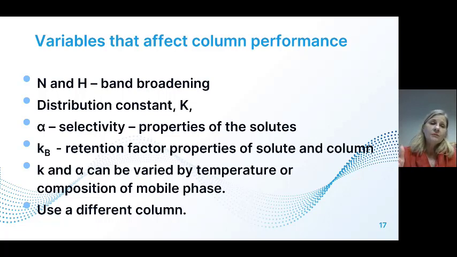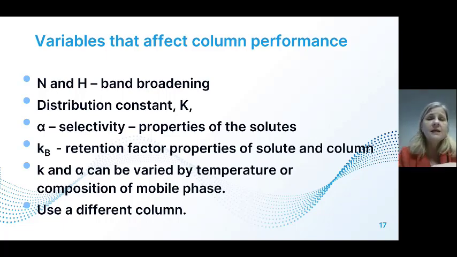Now, both the retention and the selectivity factor can be manipulated by changing your temperature or the composition of the mobile phase. So this is the next step. You first check your flow rate, and then you start playing around with the mobile phase, or your temperature program in GC.